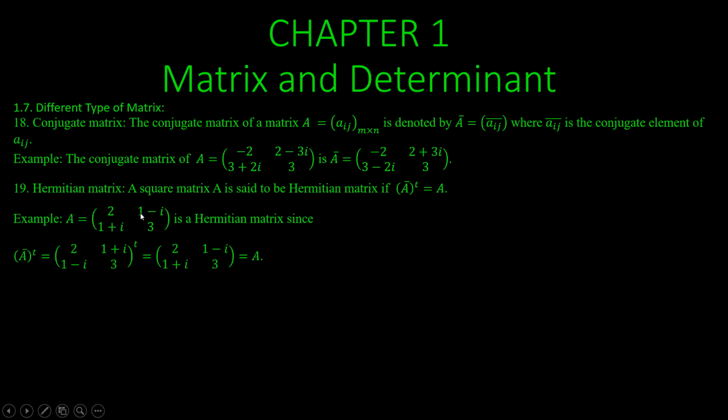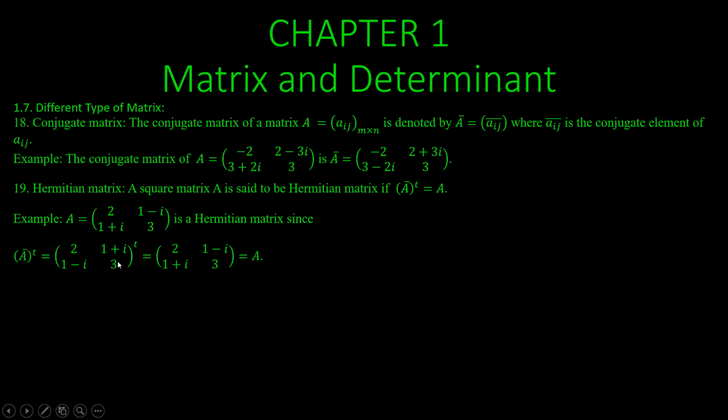Here the complex entries are 1 minus i and 1 plus i. So the conjugate complex of 1 minus i is 1 plus i, and the conjugate complex of 1 plus i is 1 minus i. And putting all other entries without changing, we find [2, 1 plus i; 1 minus i, 3]. So that is the conjugate matrix of the given matrix.